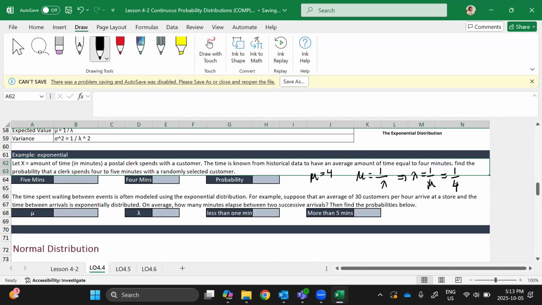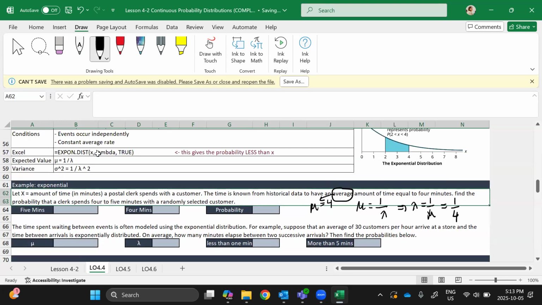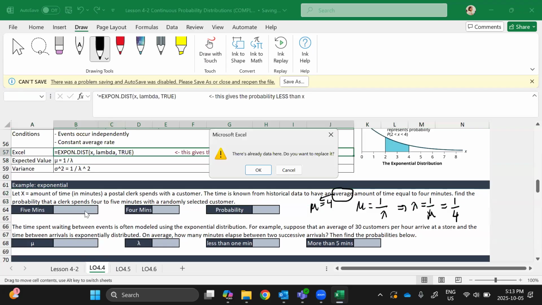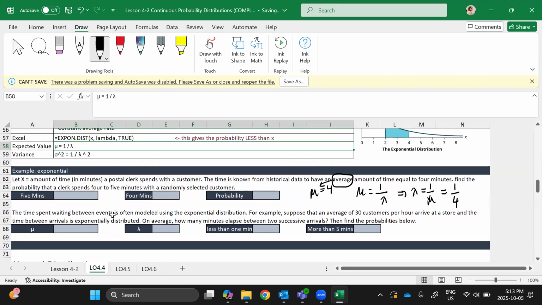So the lambda that Excel needs is 1 over 4. If the average amount of time, that's the expected value, mu, is 4, then lambda that goes into the Excel function expon.dist is 1 over 4 because the average and the lambda values are opposites.